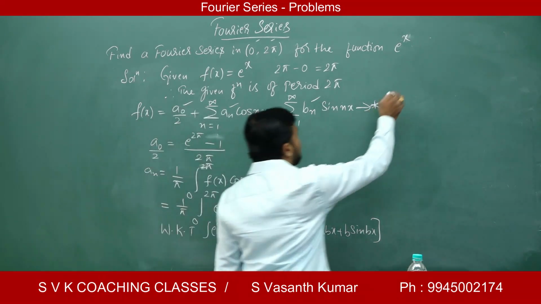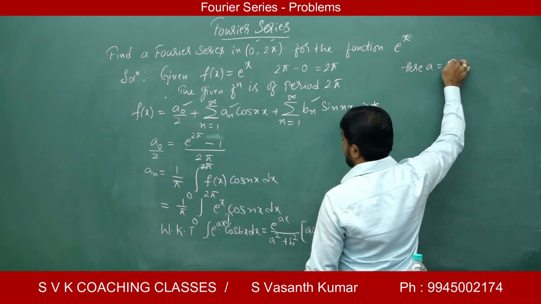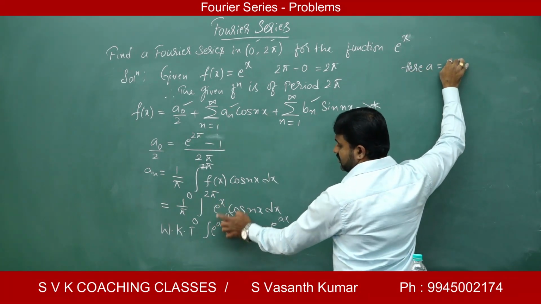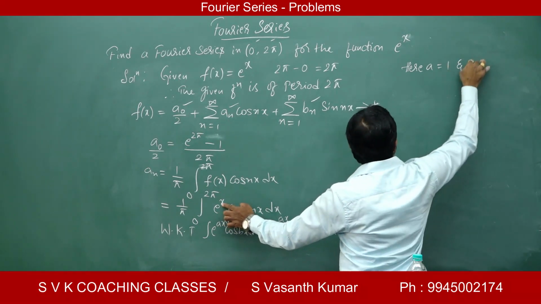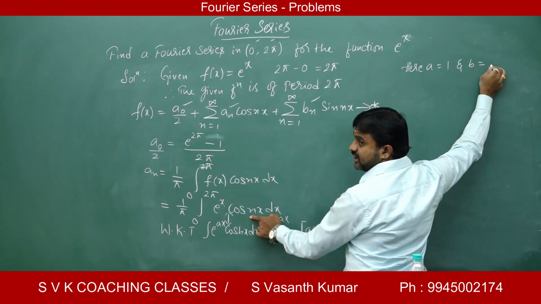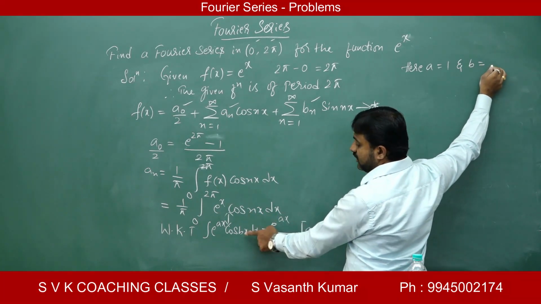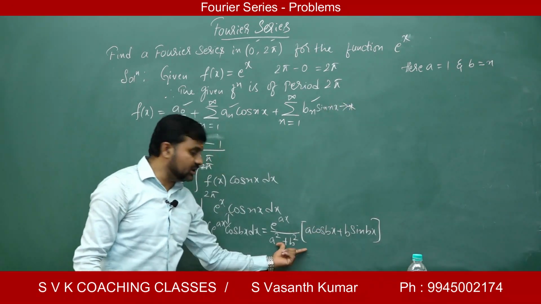What does a represent here? Going with the comparison of e power ax, a value is 1. And b is what here? Compare with cos bx. Cos bx is related to cos nx here, so b value is n. Therefore substitute the values of a and b in this formula.